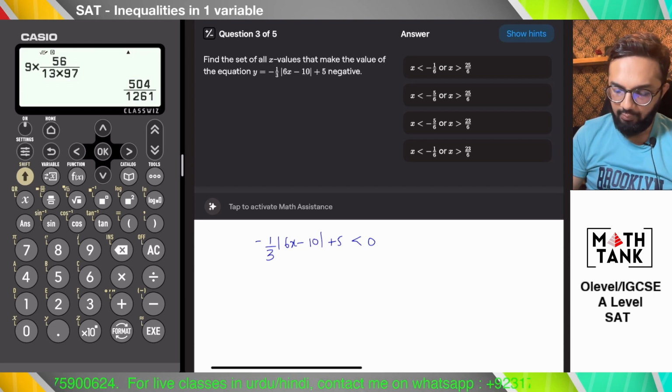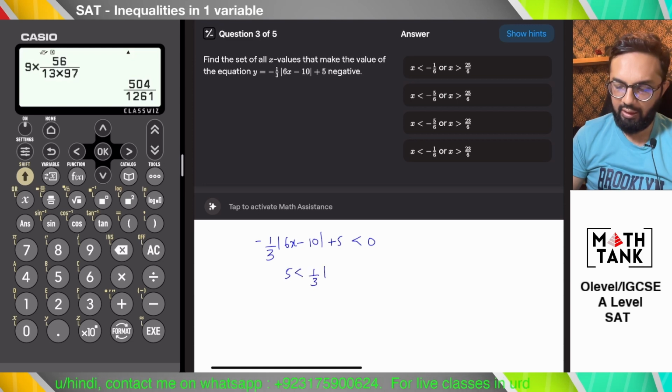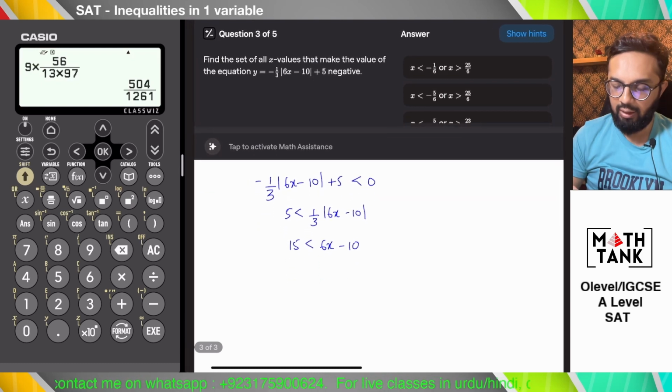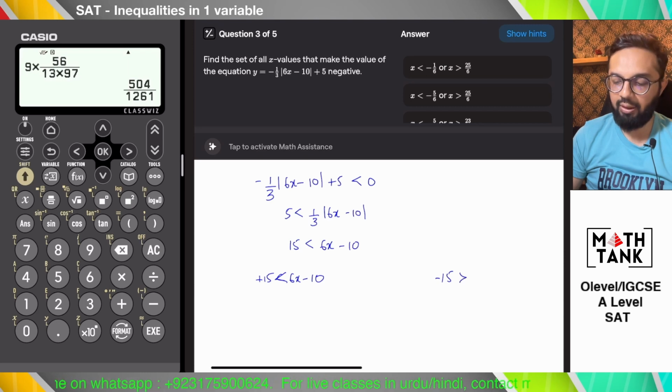I'm going to move this to the other side and say that 1 over 3 of 6x minus 10 is greater than minus 5, so 3 times 5 is 15. Now I told you earlier that when you remove a modulus, you have two sides. One is with a plus, so plus 15, nothing changes. When you have minus 15, you will flip the inequality as well.